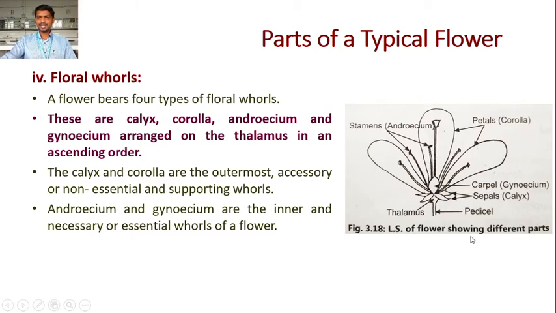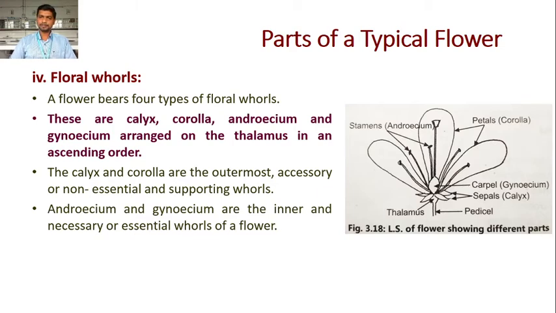The calyx and corolla are the outermost, accessory or non-essential and supporting whorls. They are not required for reproduction and are not directly involved in the process of reproduction.